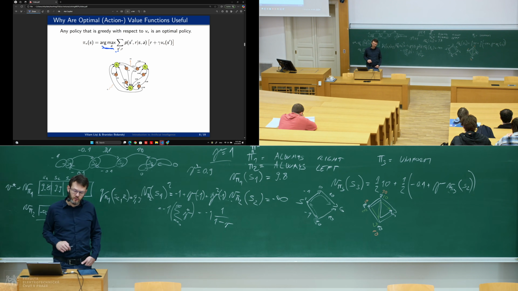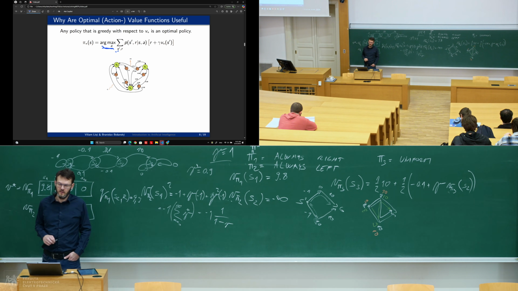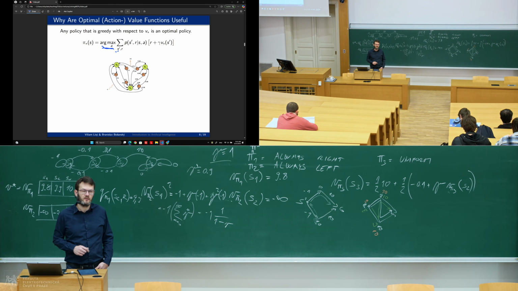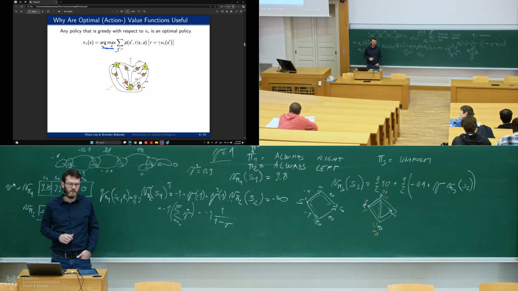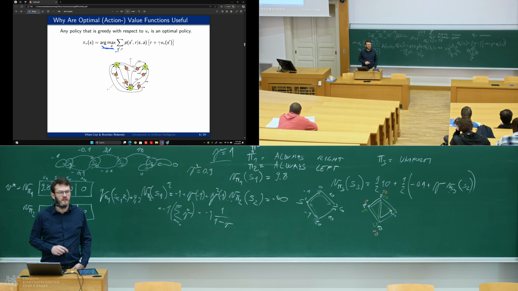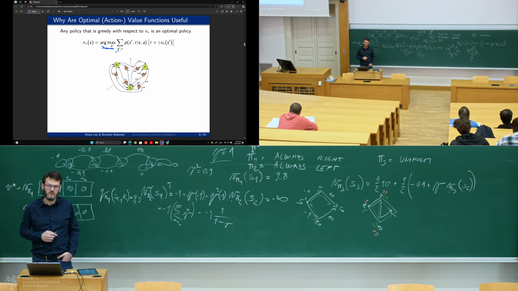And now, if you think about this formula, what would it look like with the optimal Q function, the optimal action value function? Why would I claim that the optimal action value function is often much more convenient?